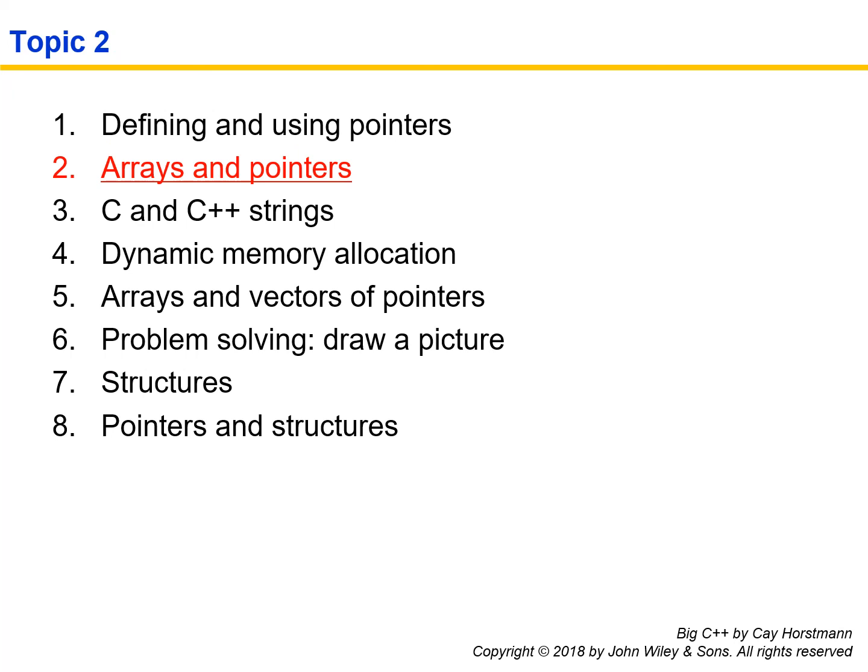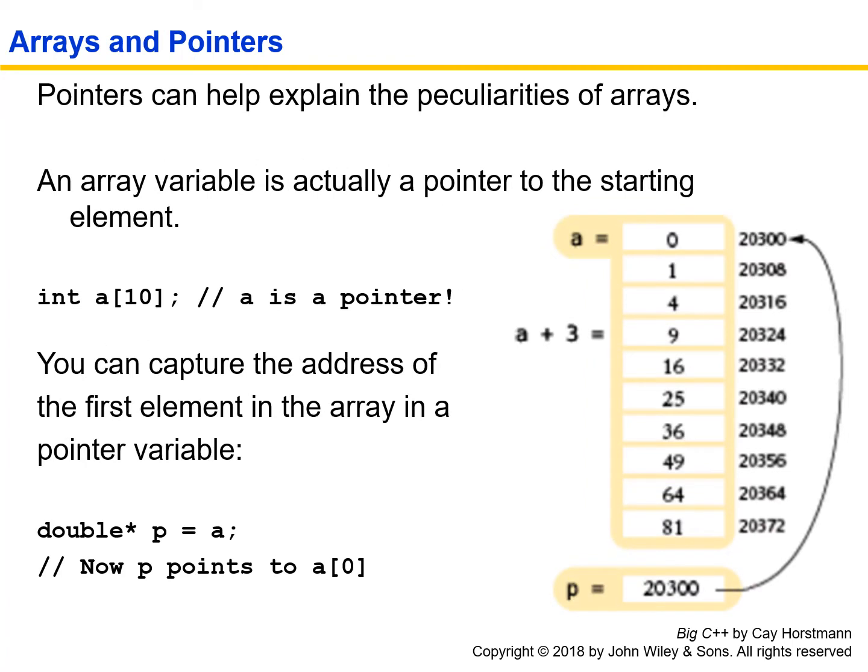Okay. The next thing we're going to do is talk about the similarity between array variables in C and C++ and C++ pointers. An array variable in C and C++ is actually a pointer to the starting element.